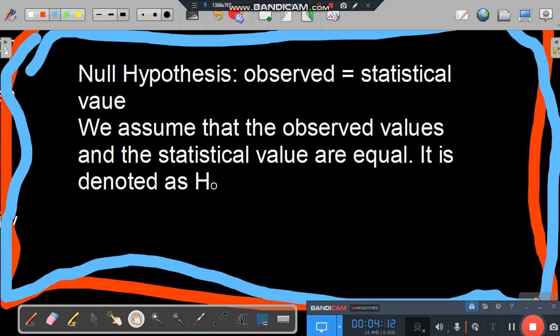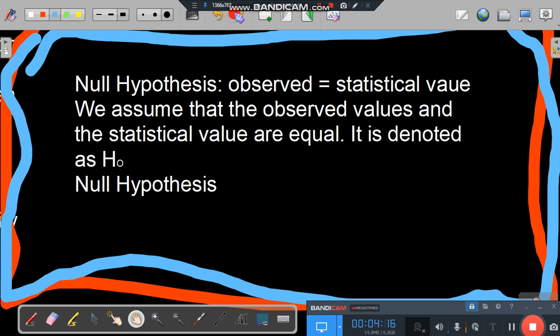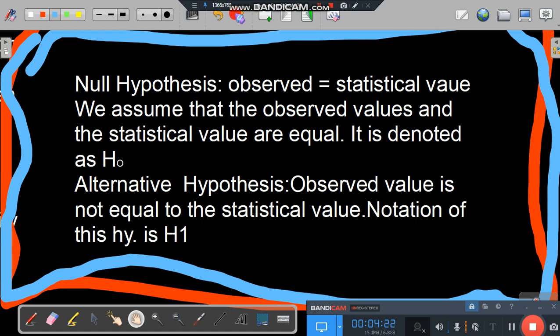The next one, now look at the screen, is not the null hypothesis, it is the alternative hypothesis. The alternative hypothesis is exactly opposite to the null hypothesis.